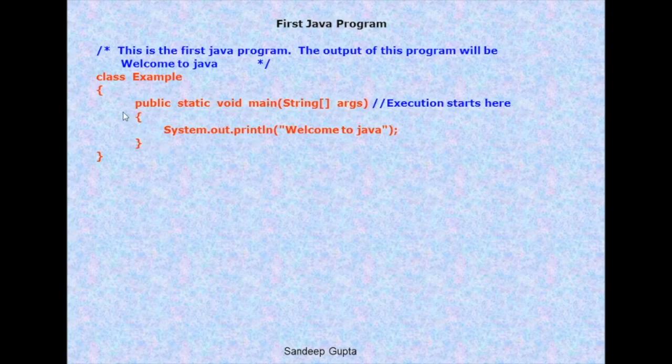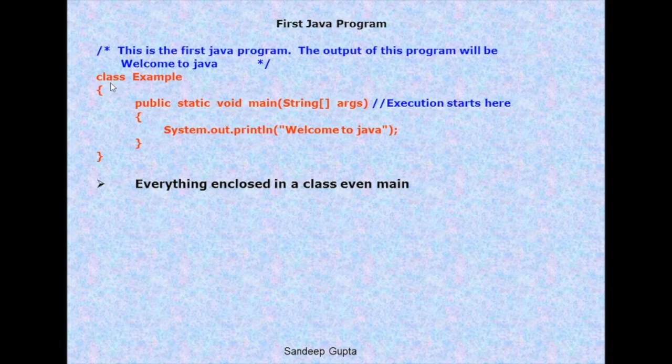Now, in every Java program, you will have at least one class, and everything will be enclosed in a class, even the main. This is the main. So over here, we have a class which if you want to create a class, you should start it with the keyword class, and because it is a keyword, you should give it in lowercase.